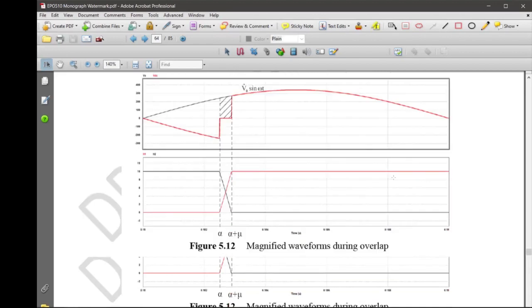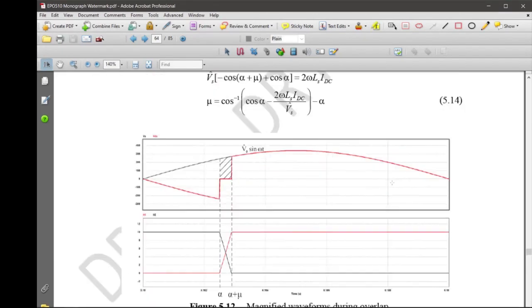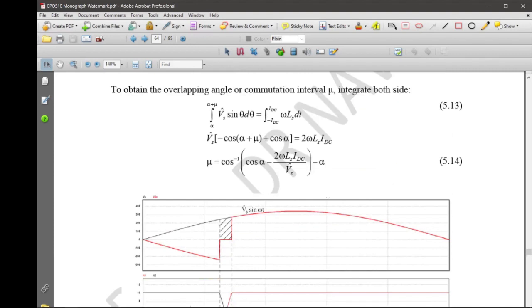Let's continue with the output voltage. When you look at the voltage waveform here, it is actually the same as we did before. We need to find the voltage drop. So the loss area here is the voltage drop, and then we look into the average of this voltage drop.